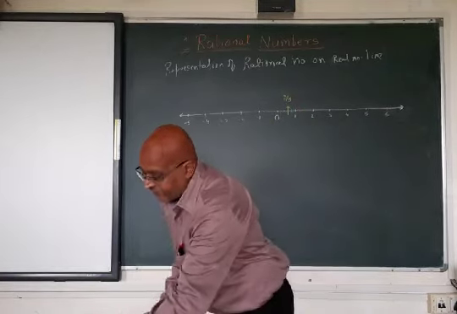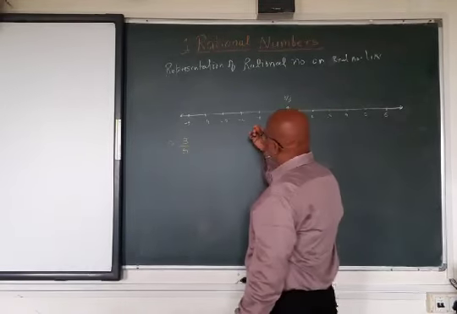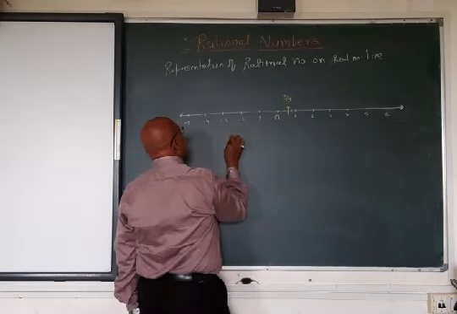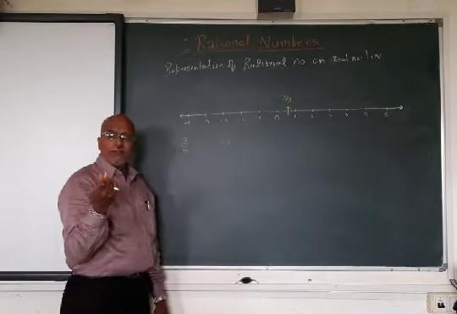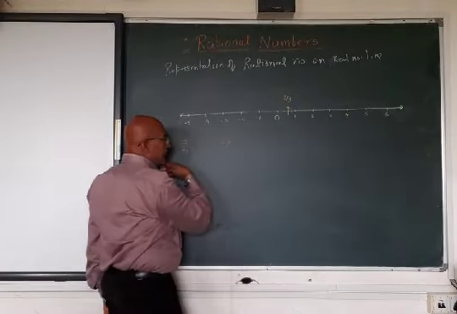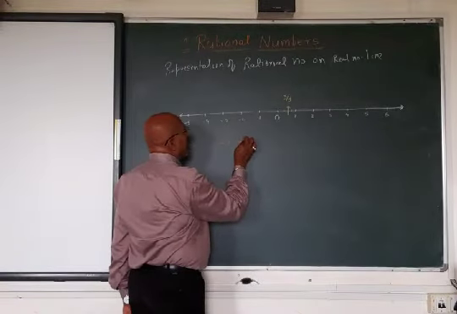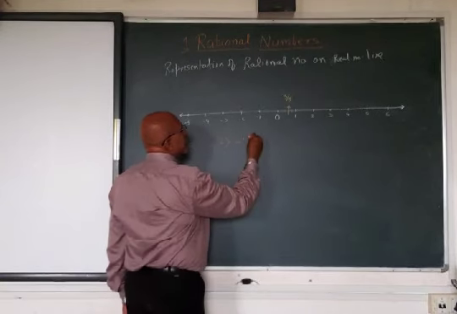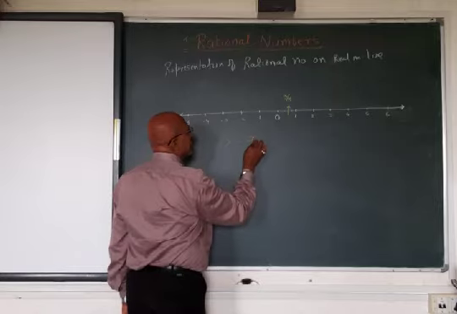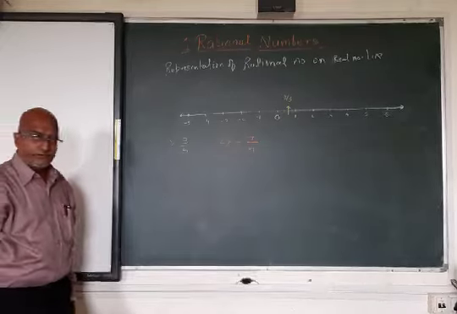Then next comes any other number we can take here. Say a second number. I am showing with different chalks so you can understand it nicely. I will take a negative number now. Say minus 7 upon 4.